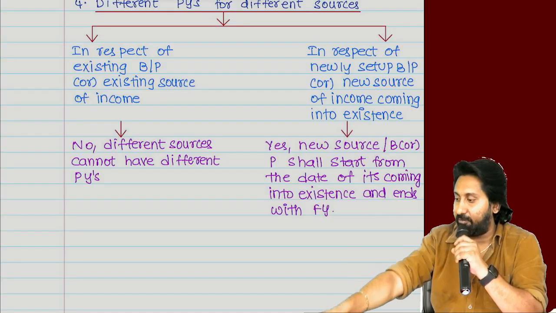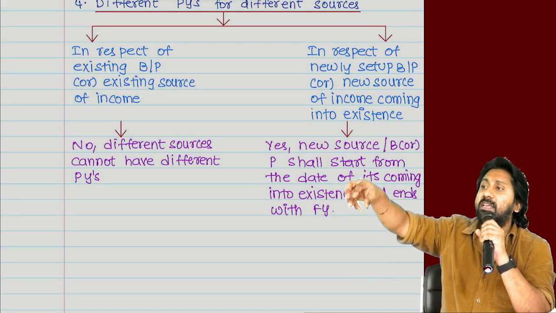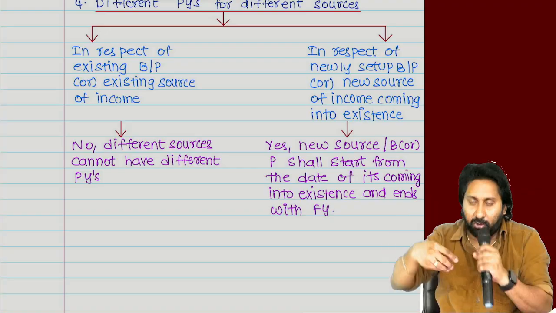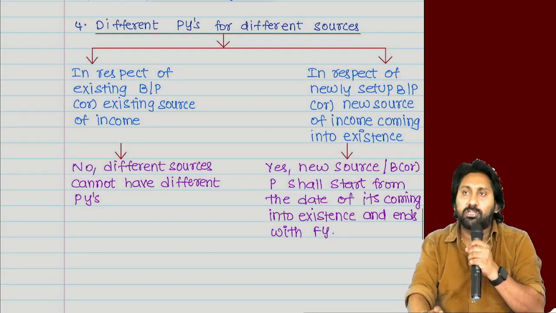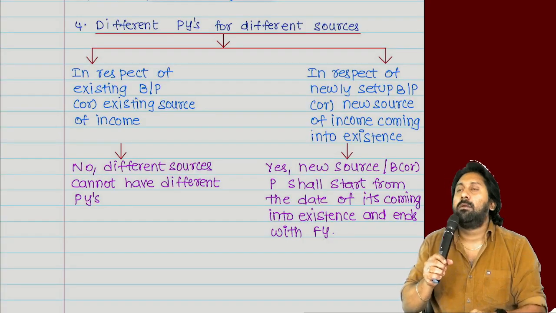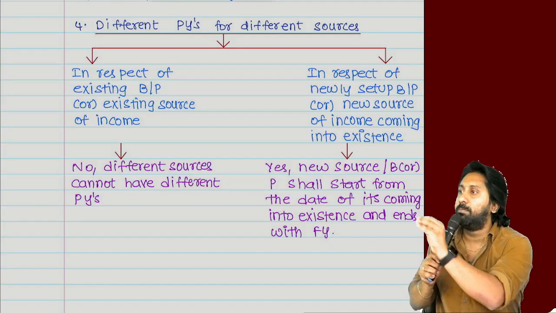I have one question now. Please listen carefully. The assessment year and previous year concept you understood, right? What is a previous year, what is an assessment year? Now the next question: on 23rd August 2024, I started a new business.